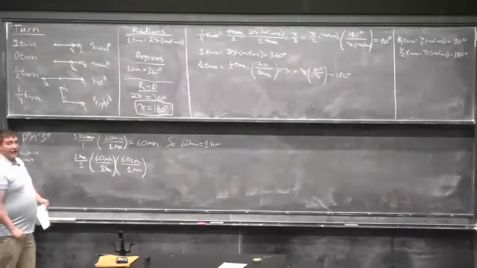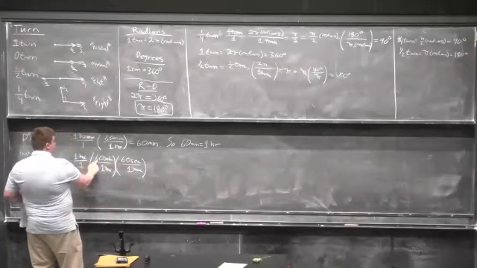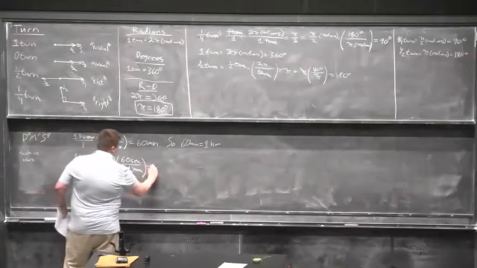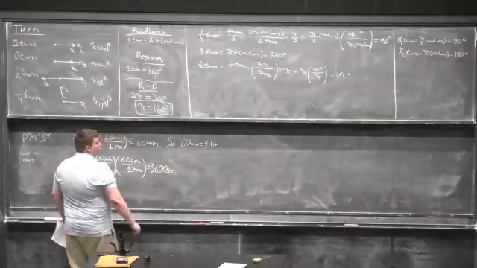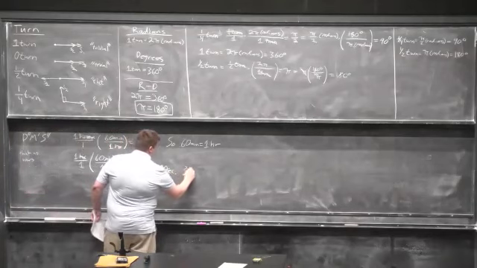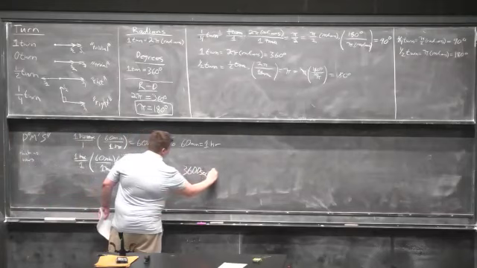And now minutes cancel, giving us 60 times 60, that is 3,600 seconds. So 3,600 seconds is equal to 1 hour.